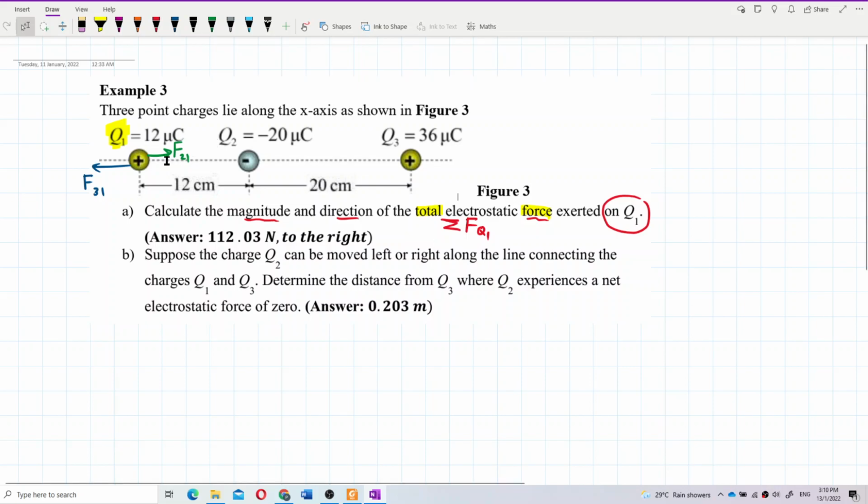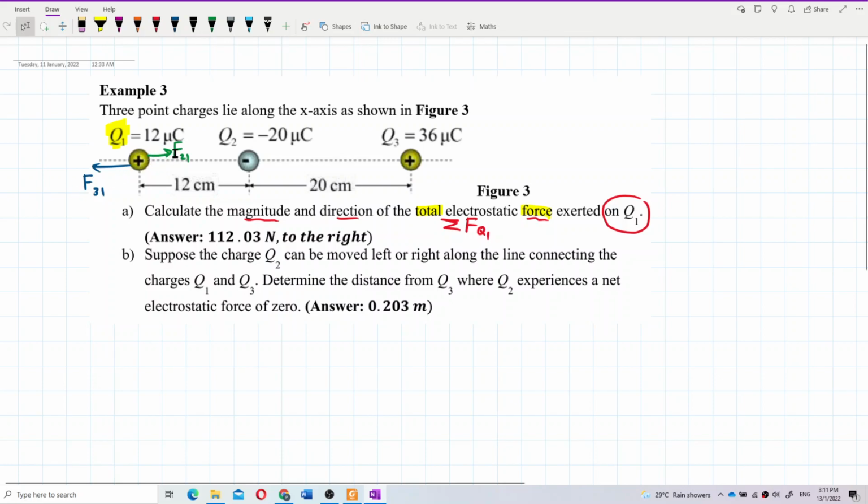We just focus on these two because the question asks for the total force on Q1. We want to find the resultant of these two forces. All the forces on other charges we can ignore.